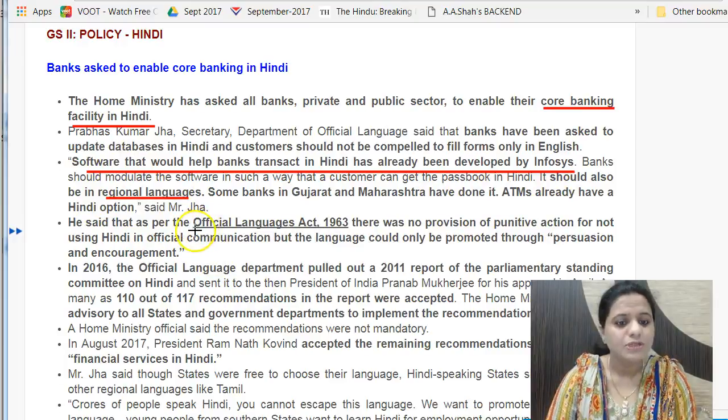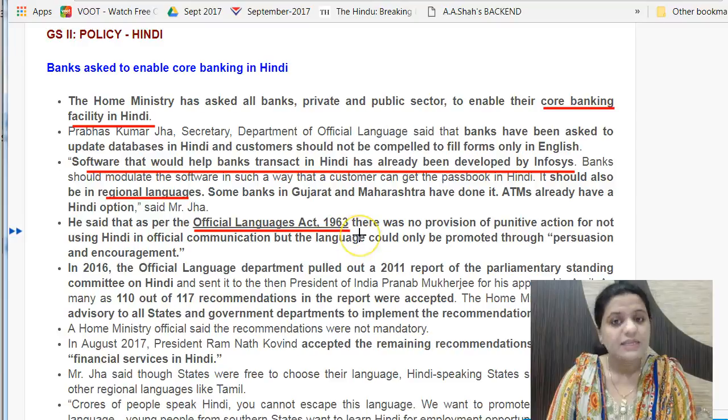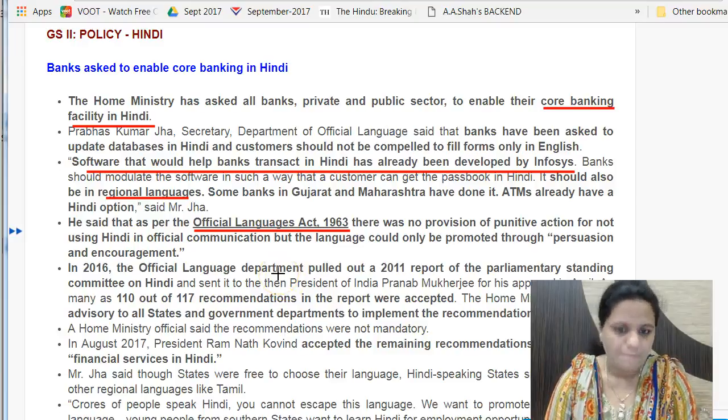The Secretary in the Department of Official Language under the Ministry of Home Affairs says that as per the Official Languages Act 1963, there is no provision for punitive action for not using Hindi in official communication. But the language has to be promoted, and that can be done only through persuasion and encouragement. There cannot be any compulsion.